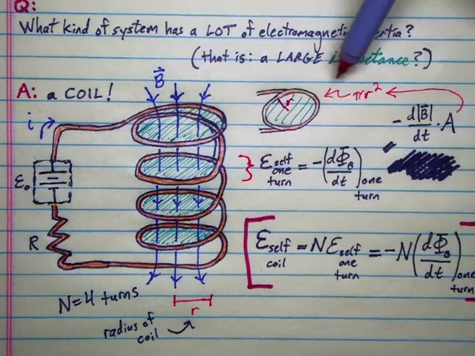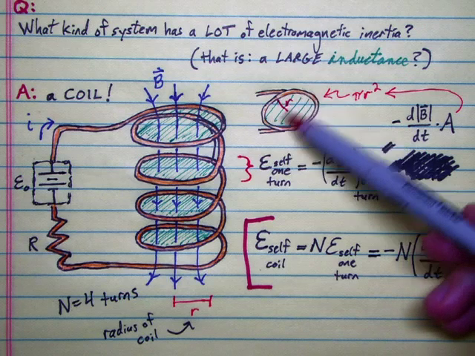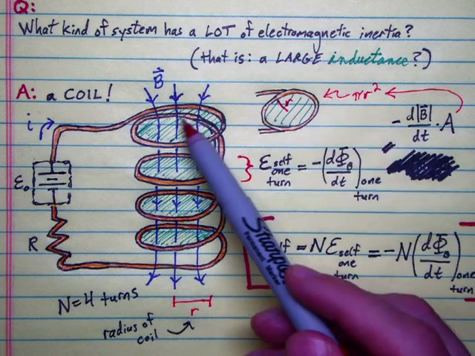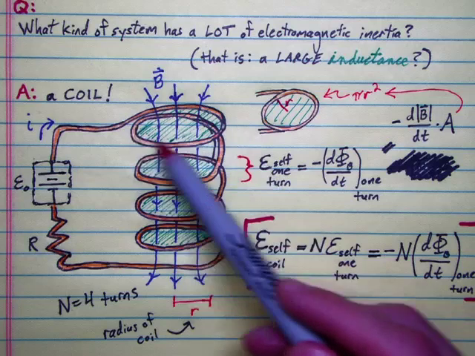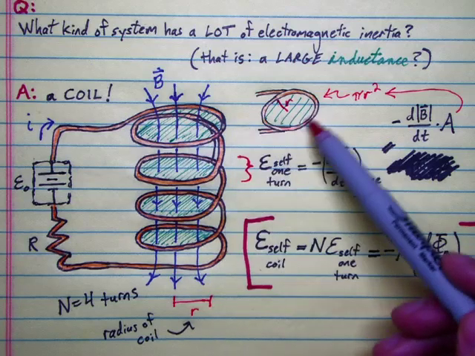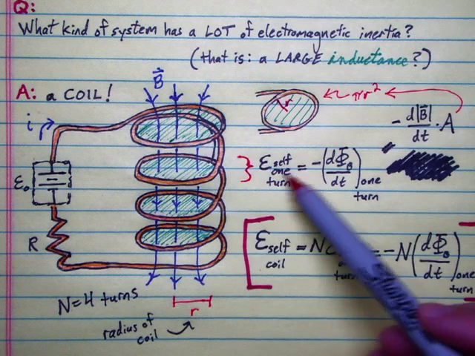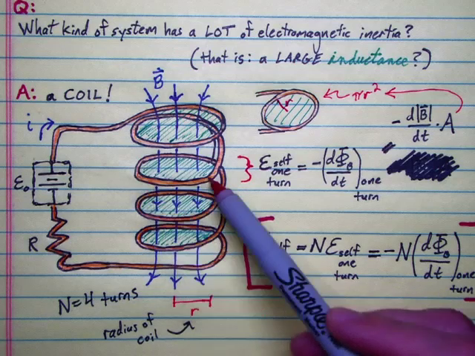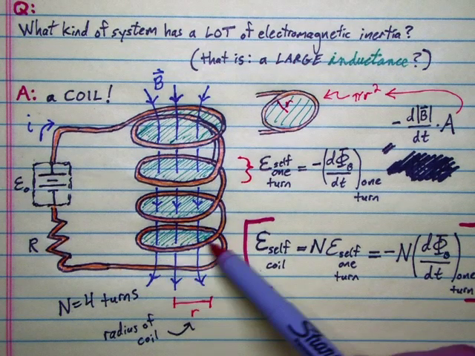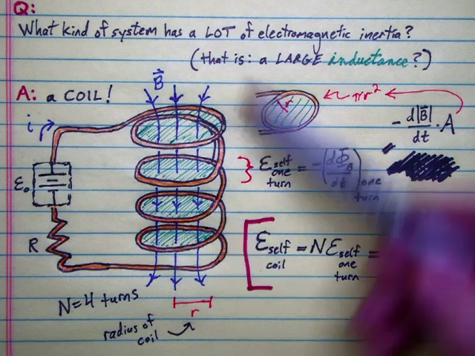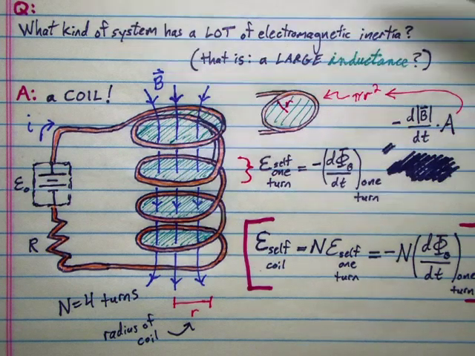So here, looking straight down the coil, in green I've got the cross-sectional area of one of the turns enclosed. So the cross-sectional area enclosed by one turn of the loop. So there's a self-induced EMF for each turn of the loop, since each turn is enclosing some area that we have flux passing through.